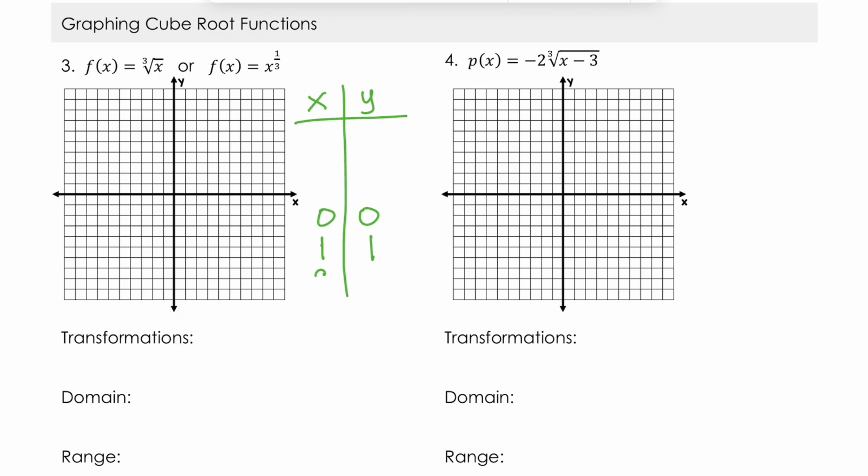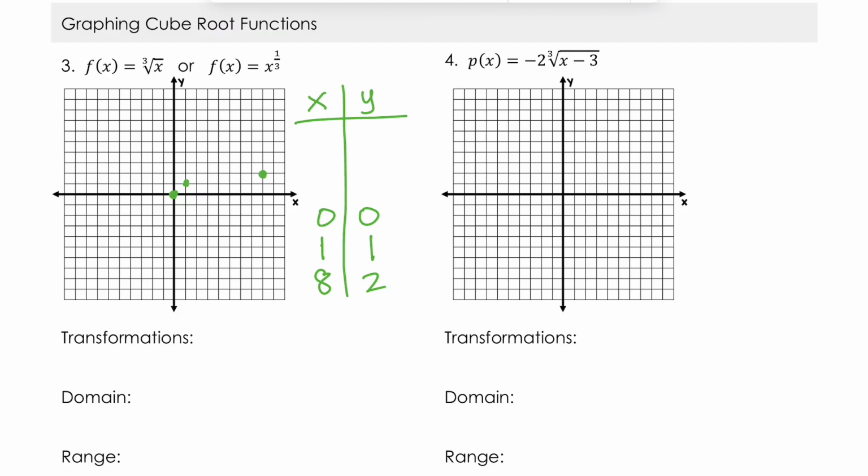Okay. The next one I know is 8. If I take the cube root of 8, I'm not cubing it, I'm taking the cube root of 8, I get 2. Okay. So far I have 0, 0, I have 1, 1, and I have 8, 2.